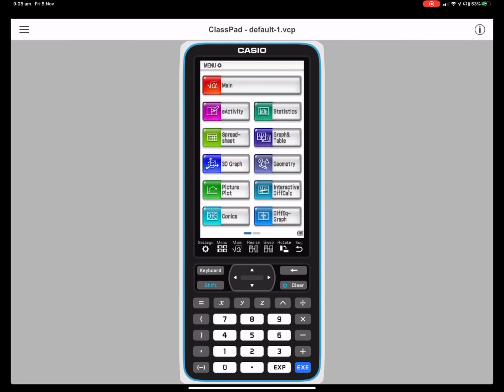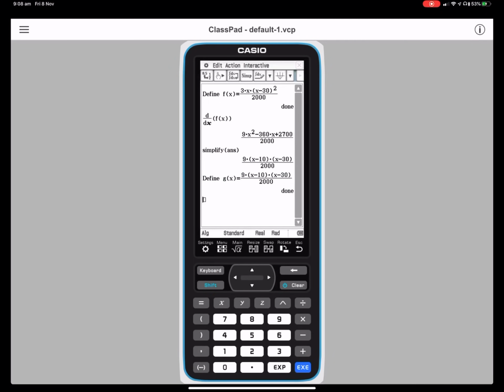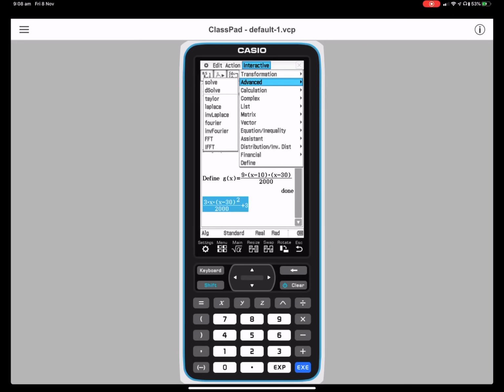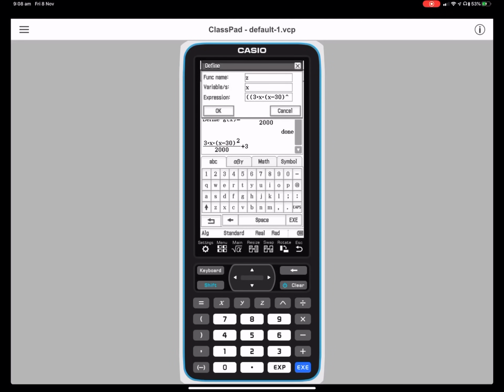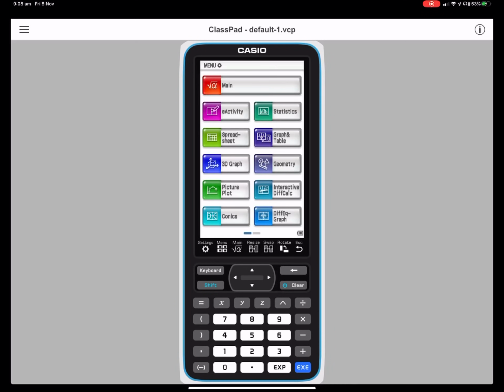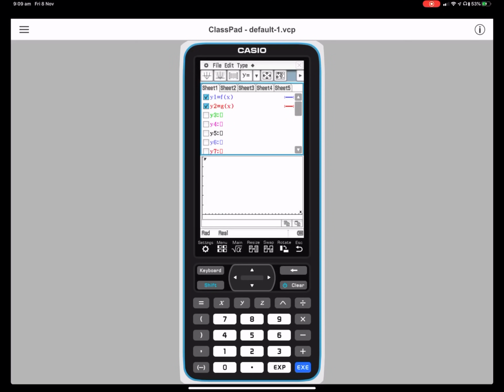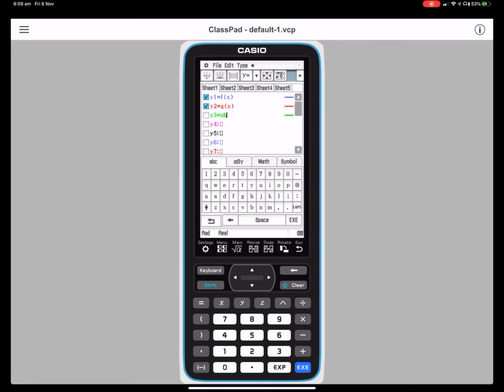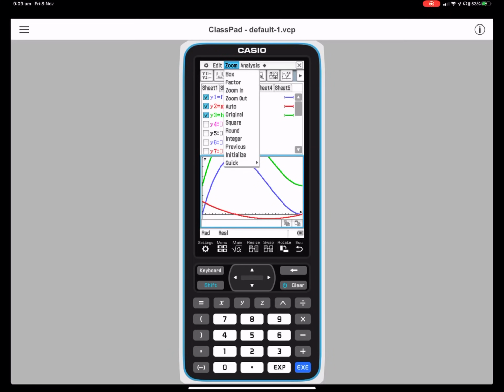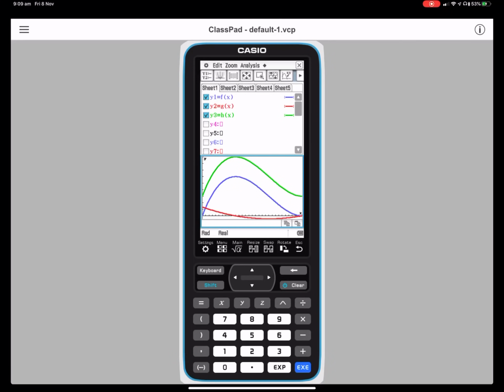So let's define that, plus 3. Define h of x. If we go in and sketch h of x, that looks pretty good to me.